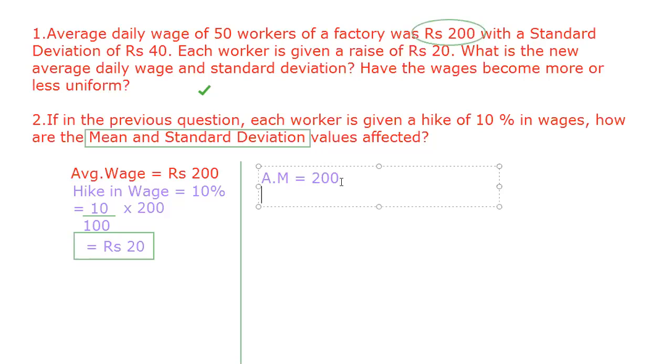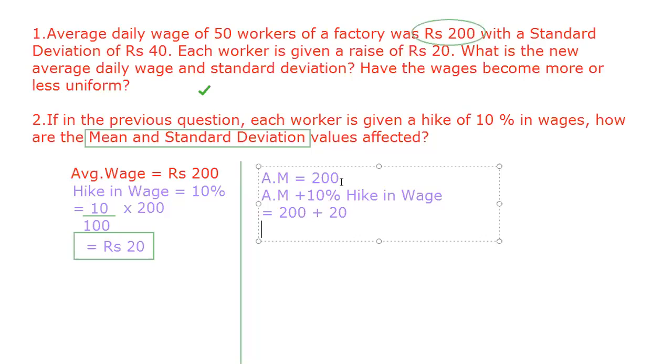And the arithmetic mean plus this hike in wage. They are given a 10% hike in wage. So plus 10% hike in wage is equal to 200 plus 20.